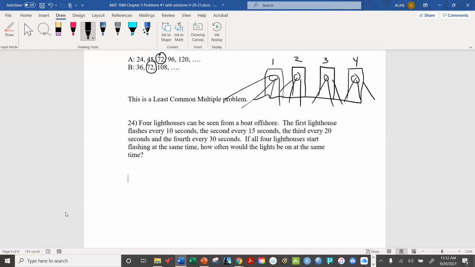Again, this is done on purpose so that the sailors can tell them apart. Although in practice, they would also have different colors and other ways of separating them, the patterns also give us useful information. Number 3 is going off every 20 seconds. And then finally, lighthouse number 4 is going off every 30 seconds.